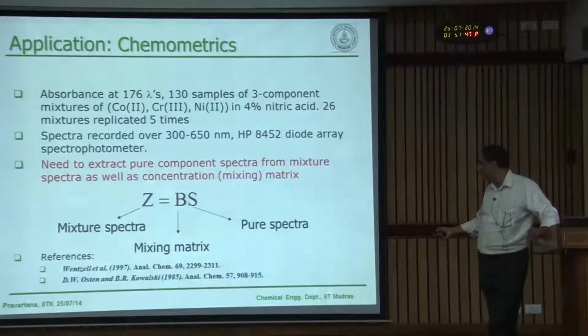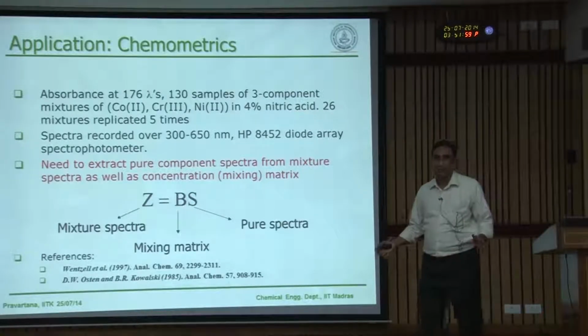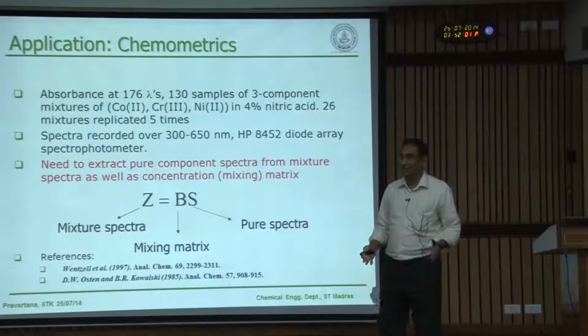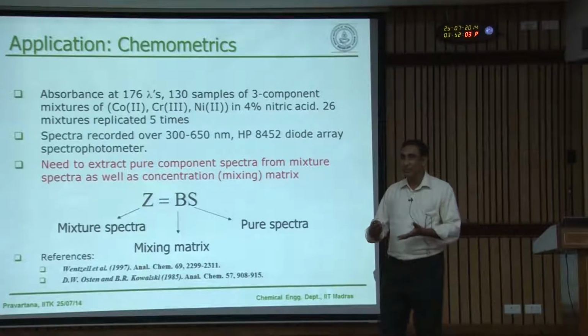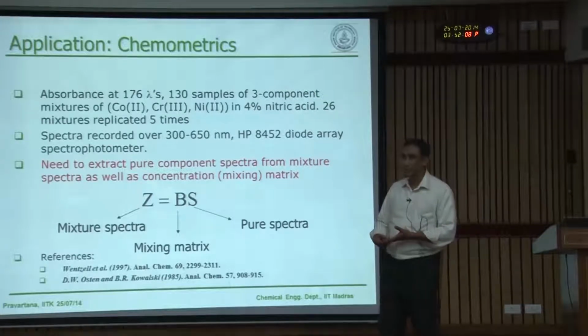So this is a mixing matrix which represents the concentration of the different salts, and this represents the pure component spectra. What you want to do given this is to get this, and also find, if possible, how many pure species are there. Typically you don't know the number of pure species, you don't know the mixing matrix, you don't know the pure component spectra.